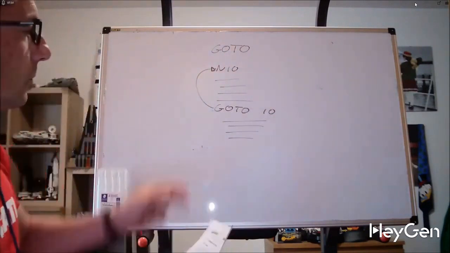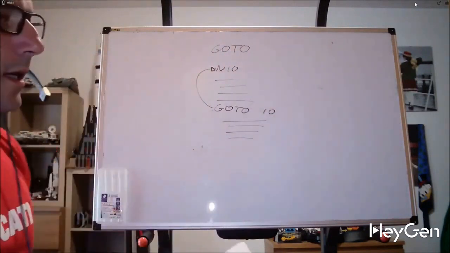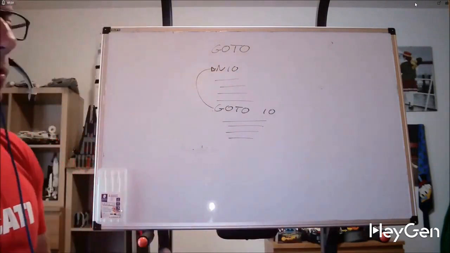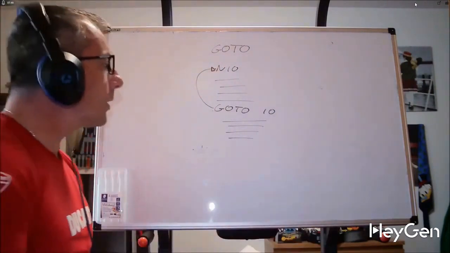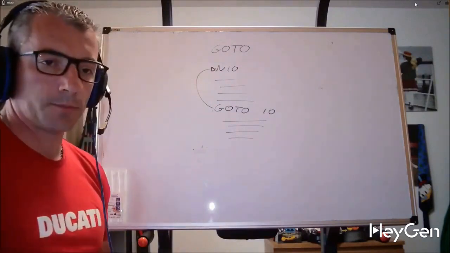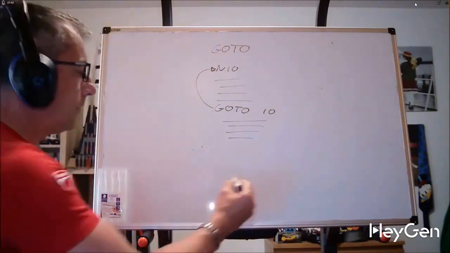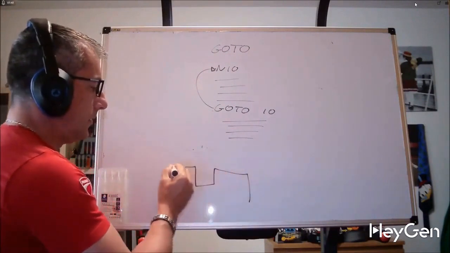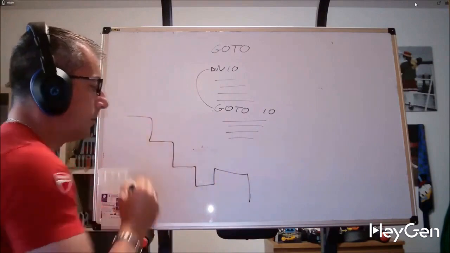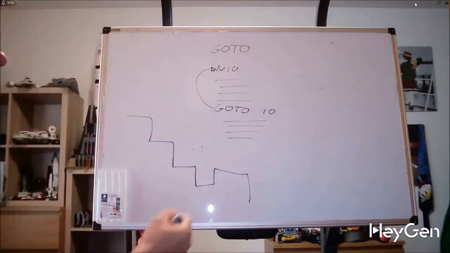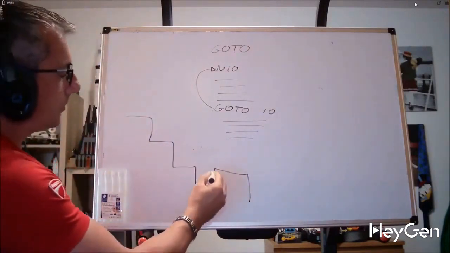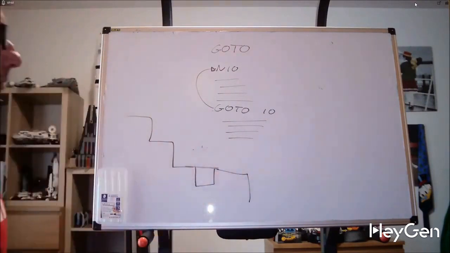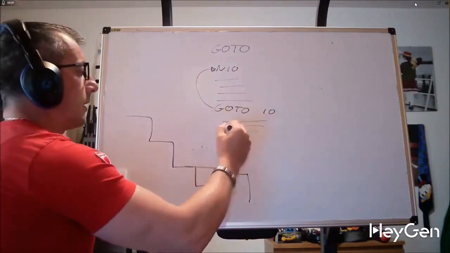The point of this, go to 10, is usually integrated with other conditional jumps, or when I have a program with a piece. Let's say I have 1,000 pieces to do like this. Then at some point, I don't need to do the throat anymore, but I know I have to do another 1,000 with the throat. I go to the section that tells the machine to do the throat.